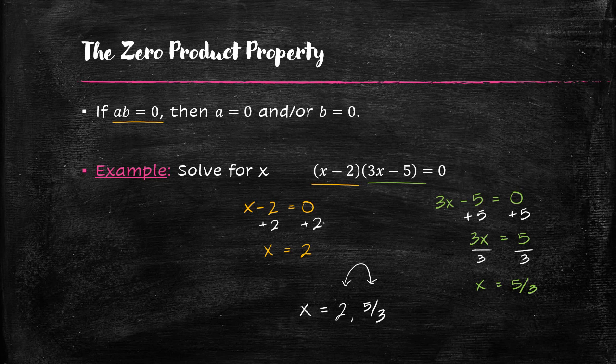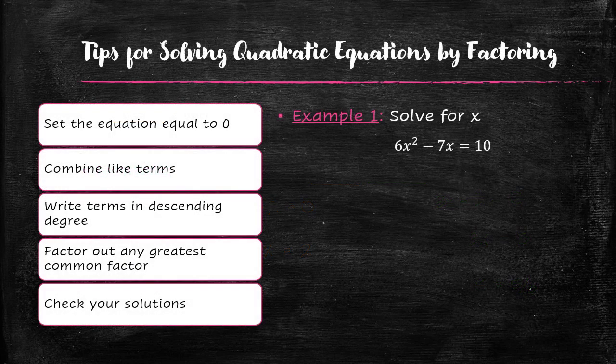Okay, let's look at a more complicated example where the factoring isn't already done for us, and talk about some tips or strategies involved with solving. So I'm just going to go through the tips that we have here first. The first one is probably the most important. We always, when solving any quadratic using any method, want to make sure the equation is set equal to 0.